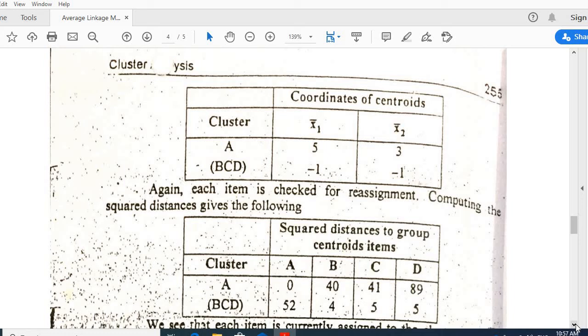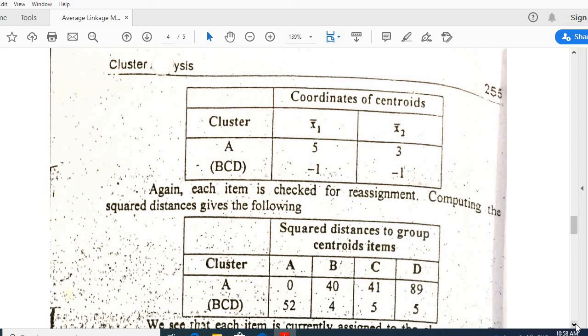These are the distances of A with A, A with B, A with C, A with D. Similarly, the distances of BCD with A, BCD with B, BCD with C and BCD with D. Here we see the distances of the items which have been included in a group: BCD with B is 4, BCD with C is 5, BCD with D is 5, which is minimum as compared to the distance of BCD with A, which is not included in cluster BCD and is maximum, that is 52.